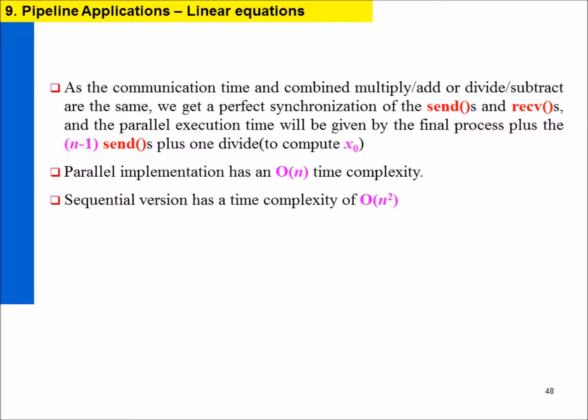Also, two-dimensional arrays can be devised, especially for implementation in VLSI. So hopefully now you have an idea of how to implement in parallel things that are not so obvious as they were in the previous lecture.